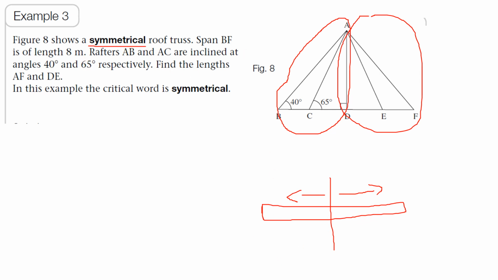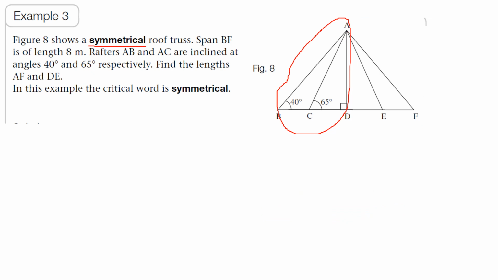From the statement symmetrical, we know that this side of the triangle is symmetrical to this side. So that means we also have the angle here as 65, and the angle here as 40. We know that because this roof truss is symmetrical.